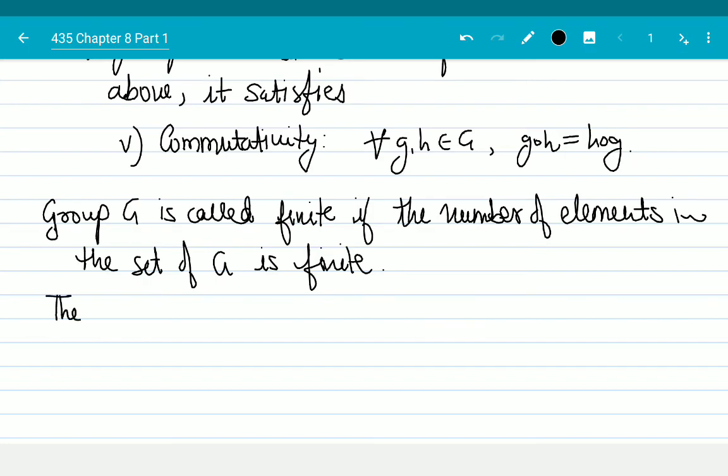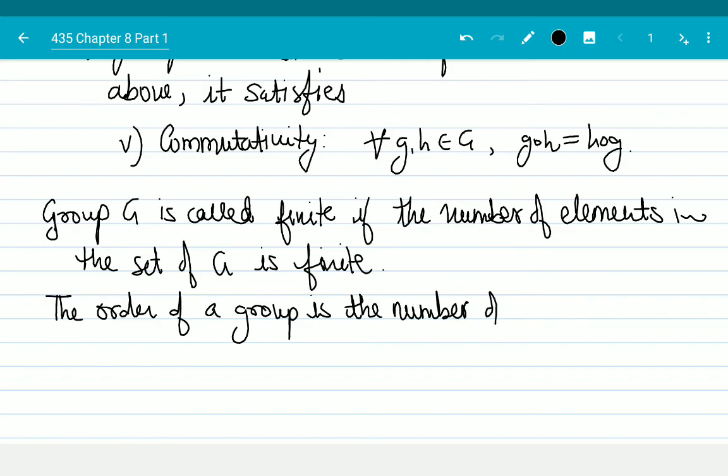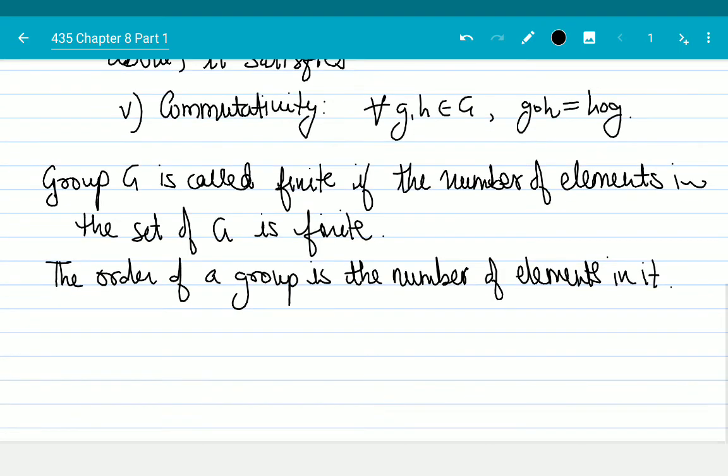Let me just write this down. The order of a group is the number of elements in it. Okay. Examples.